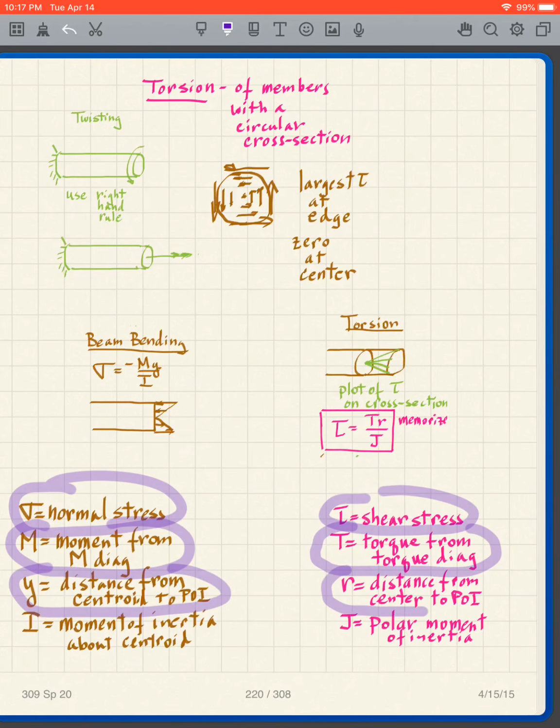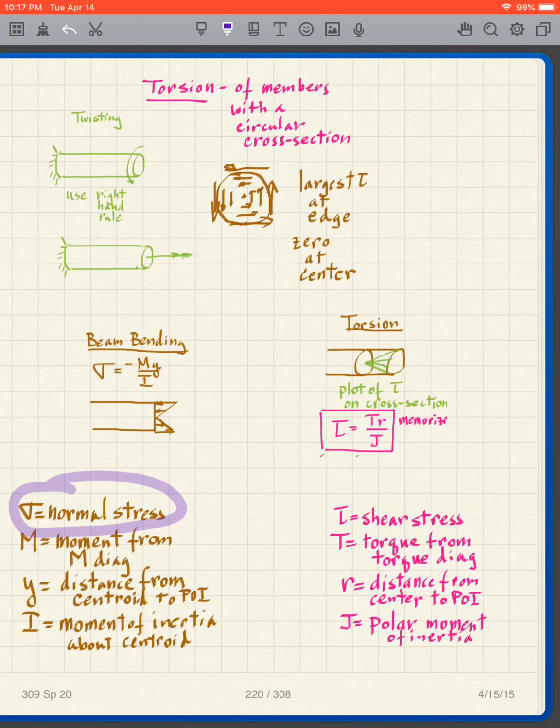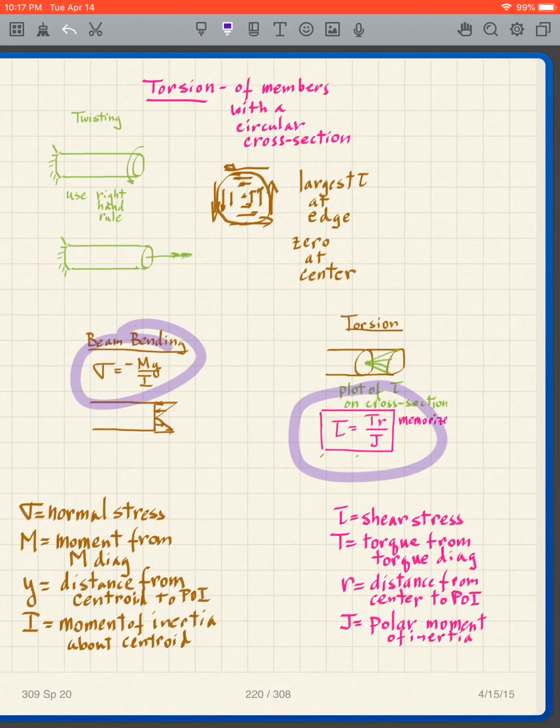R is the distance from the center to the point of interest. I is the moment of inertia about the centroid. J is the polar moment of inertia. So these two equations are in parallel. If you know how to use this one, you're going to know how to use this one. It's quite straightforward.